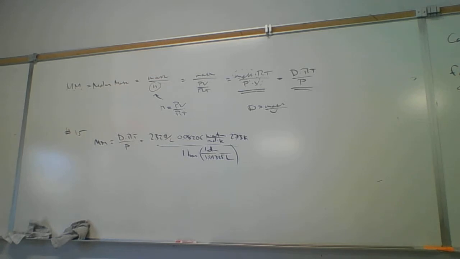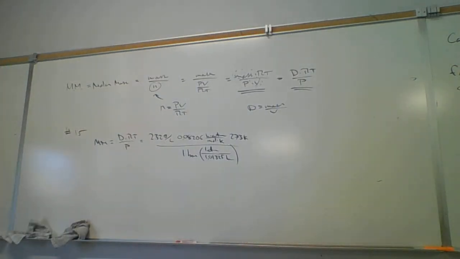I don't know where they got this. Weird. Oh, I know where they got that. That's from the equation here, pressure. Pressure's 1 bar. Now it makes sense. And so the molar mass they get is 52.7 grams per mole. So we just plug in and calculate. So that's molar mass determination.